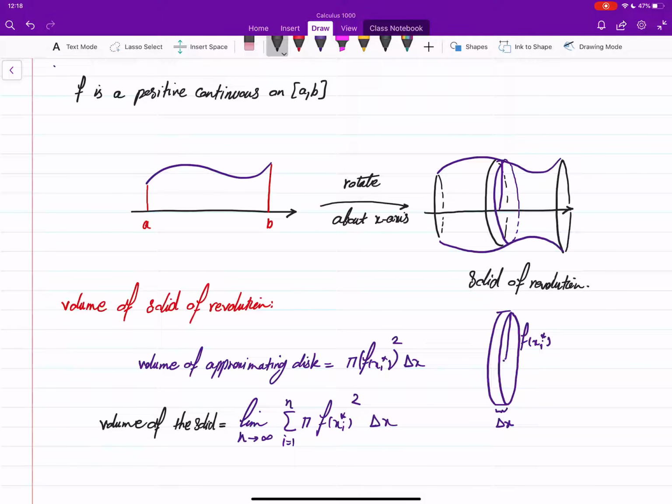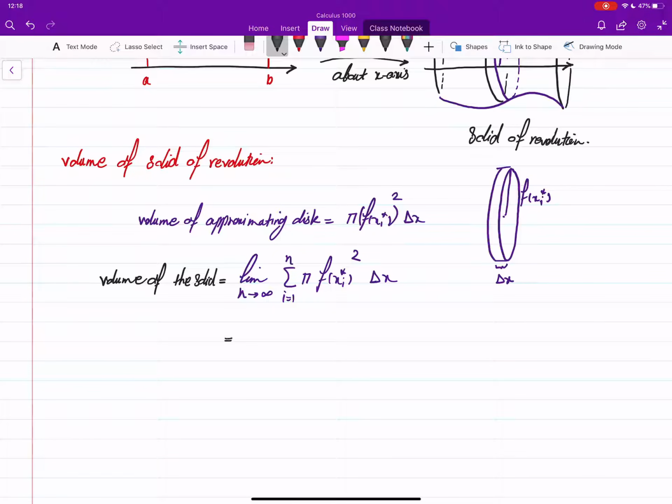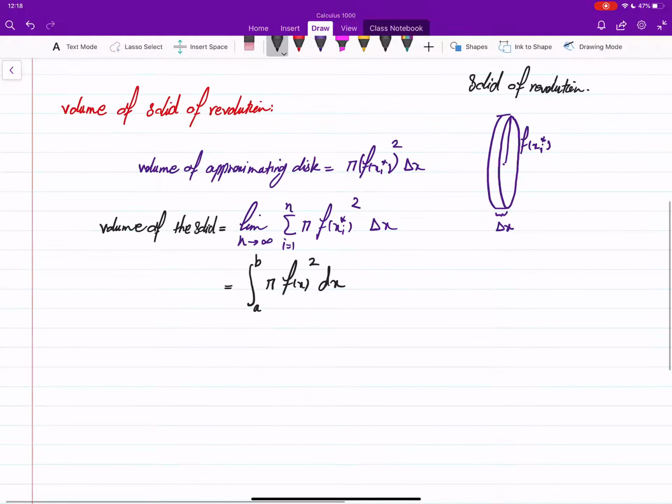So this is a limit of a sum formula. But if you look at this carefully, this will give you a Riemann sum of the integrand pi f(x) squared dx. Well, that is the formula we are going to use.